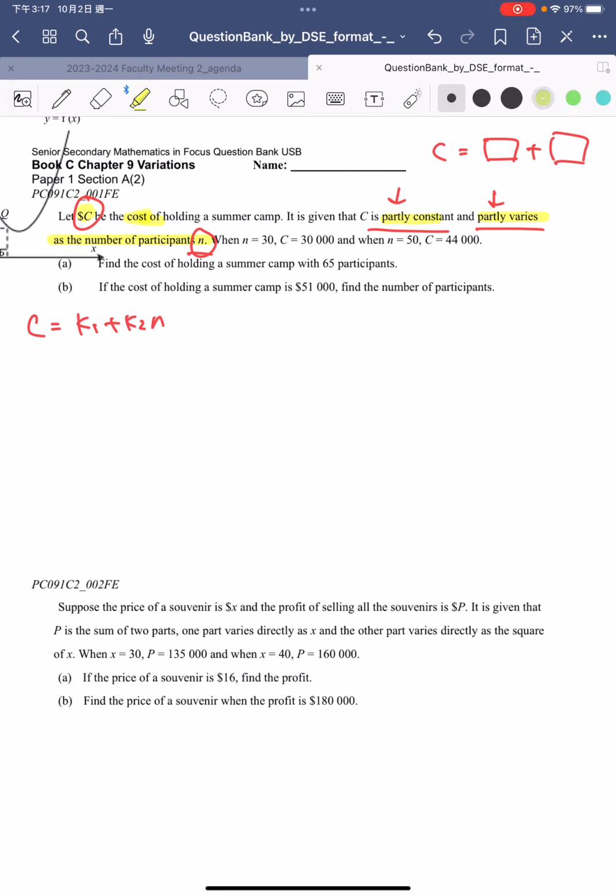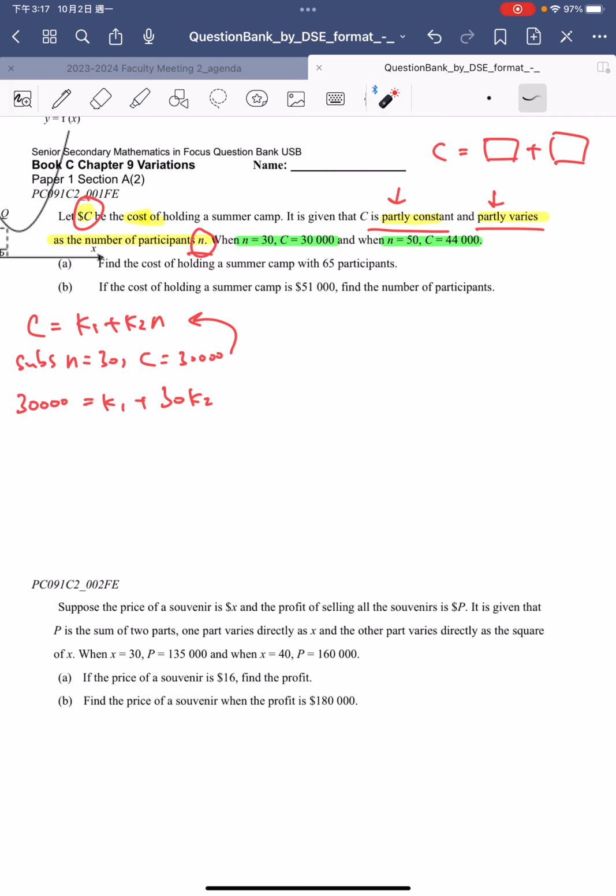And after that, the condition that we have, which is N is equal to 30 and C is equal to 30K. Second condition is 50 together with C is equal to 44,000. Then we can substitute these two variables into our equation just formed here. So now we have to substitute N equal to 30, C equal to 30K into this equation. Then we can have 30K is equal to K1 plus 30 times K2.